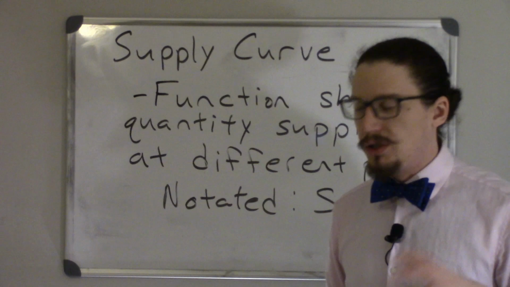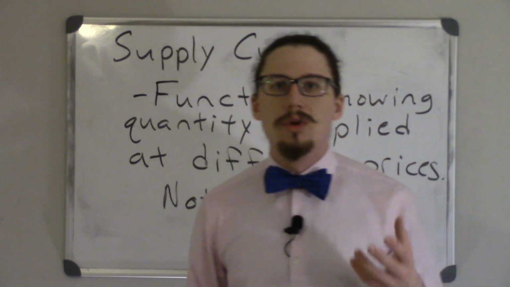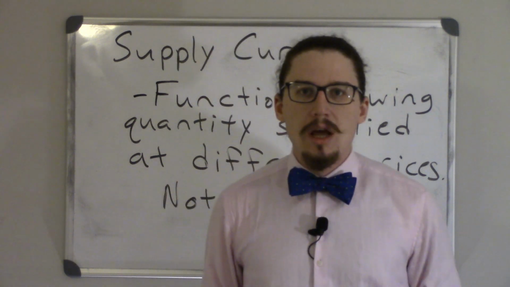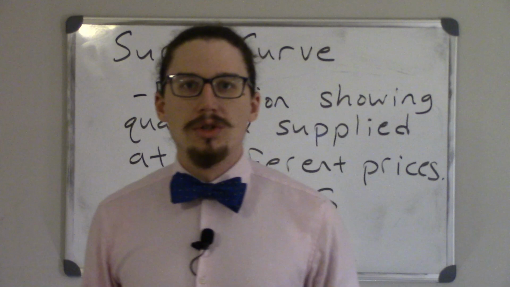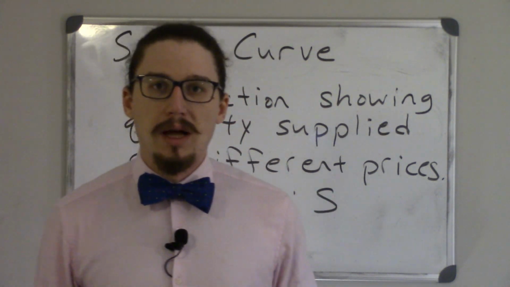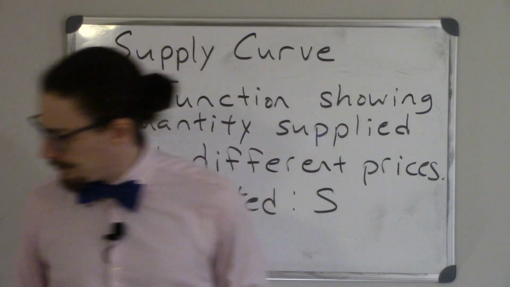We're not going to get too deep into it. We're going to look at a rudimentary example, but the cost of producing a good is what is going to drive that supply. We're going to see that again in just a moment.